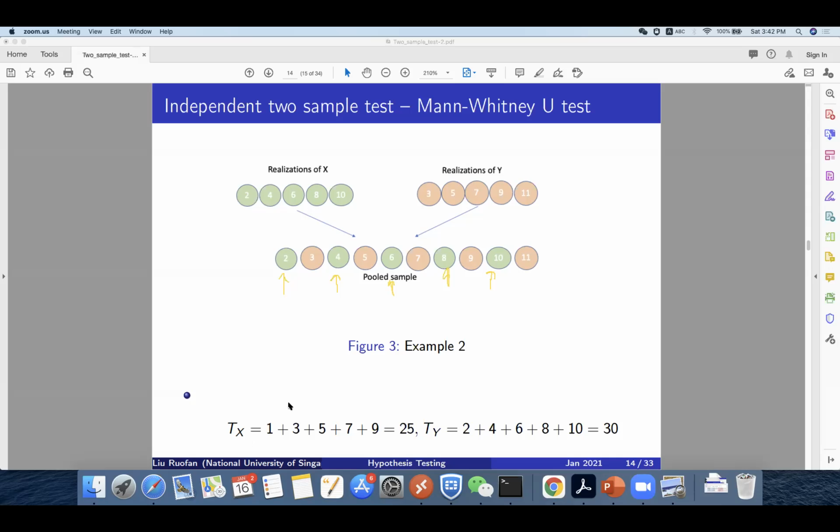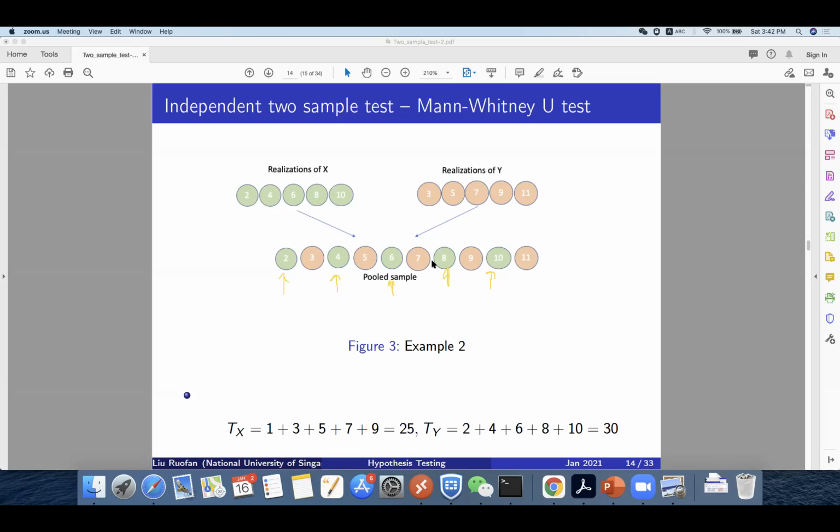But I have a question here. If the ranks are roughly the same, then I think it can only tell that they are probably from the same distribution, but Y is normal distribution. What about other kinds of distribution, like a T distribution?